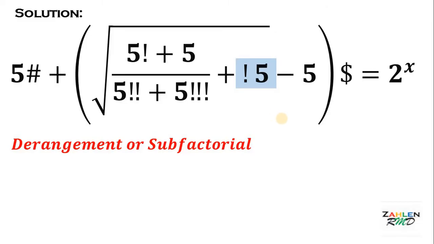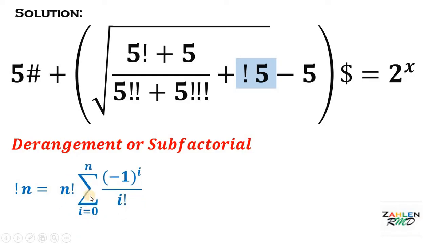In other words, a derangement is a permutation that has no fixed point. Now, how do we compute the value of n subfactorial? N subfactorial is equal to n factorial multiplied by the summation of negative 1 raised to i over i factorial, from i equal to 0 up to n.